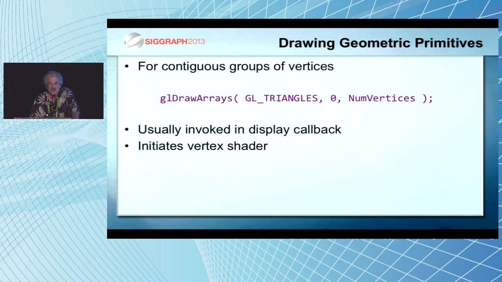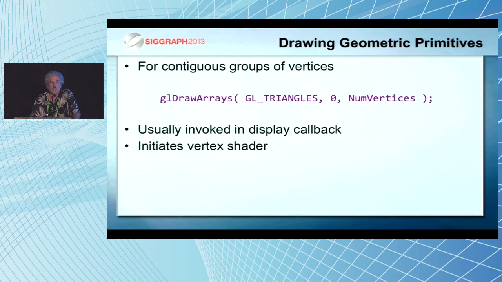When you're finally ready to draw, that's it. The data's there. It knows everything about the data. It knows where it is. It knows how the things are coupled together. And all you have is one function that says, draw those arrays as triangles, starting with the first one, the 0th element, up to the last one. That's it for actually drawing the stuff out. If you want to draw it as points, you do GL points.